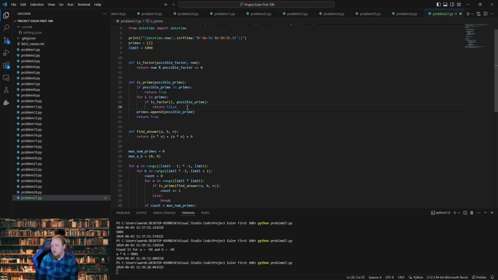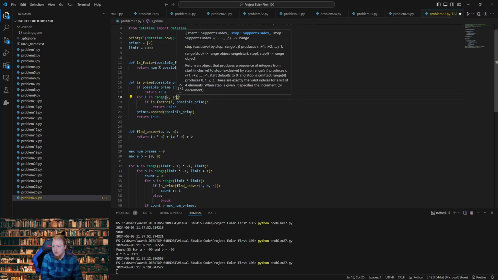So here's what I'm thinking. Instead of doing for i in primes, we want to do basically from 2 through whatever. So for i in range 2, I know there's a square root function in here somewhere.